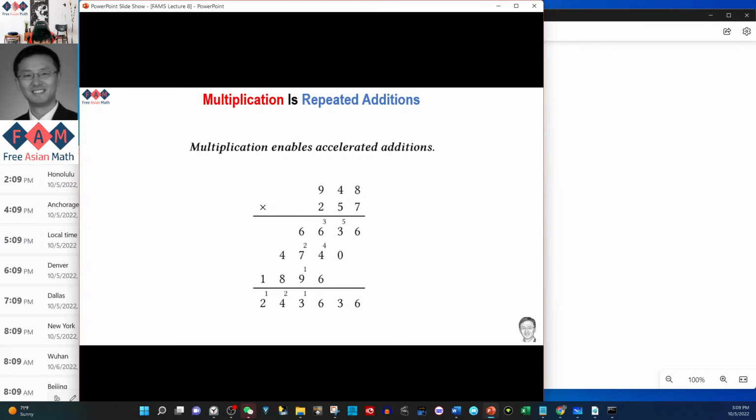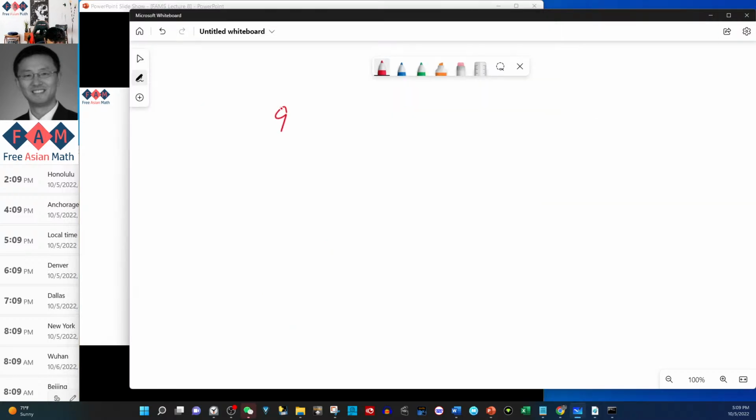Look, we have this multiplication, right? 948 times 257. Remember, this is called the multiplier. We need such terms to avoid referring to those numbers in an arbitrary way. We want to clearly give them a name.